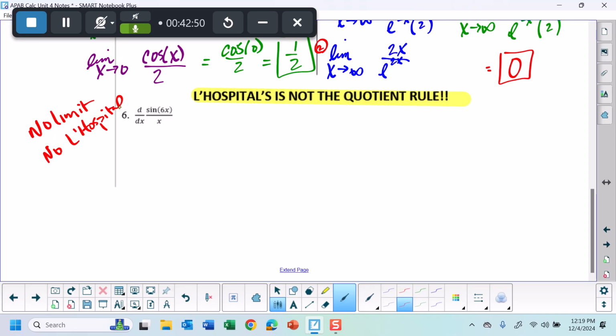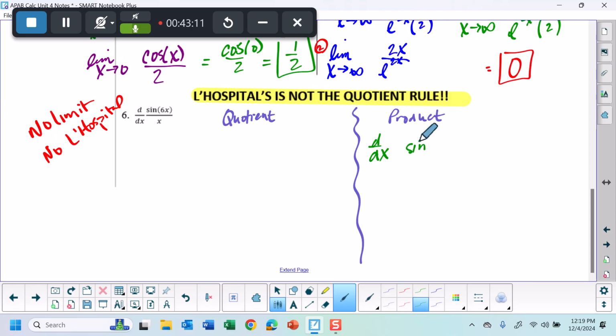This is not anything. It's your choice whether or not you want to do your quotient rule or whether you want to rewrite it and use your product rule. Because if you're finding dy/dx, you can do the sine of 6x times x to the negative 1.